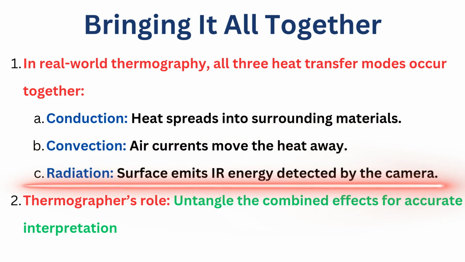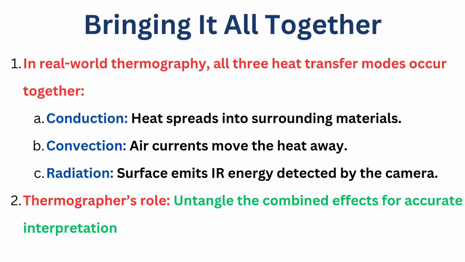And the last one is the infrared radiation, or you can say the infrared energy, that our thermal camera is capturing. So that is the actual surface radiation of that panel. So this is known as the radiation. So this is the perfect example of all three processes. One is the conduction, then the convection, and then how we are capturing the radiation using our thermography camera.